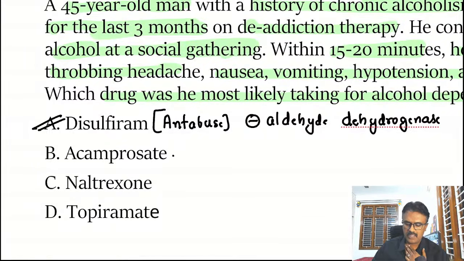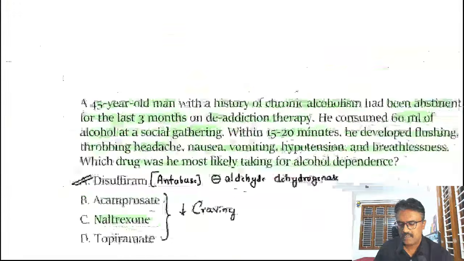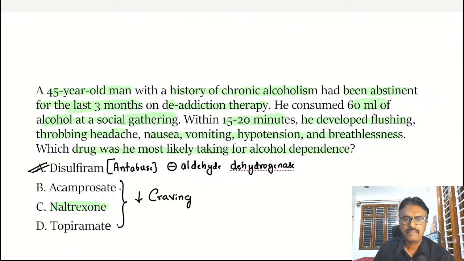Now acamprosate, naltrexone, topiramate are also used for de-addiction. They decrease craving for alcohol. Particularly the tested drug is always naltrexone. Remember the mnemonic NOTA: naltrexone, ondansetron, topiramate, acamprosate. So these are drugs for alcohol de-addiction.